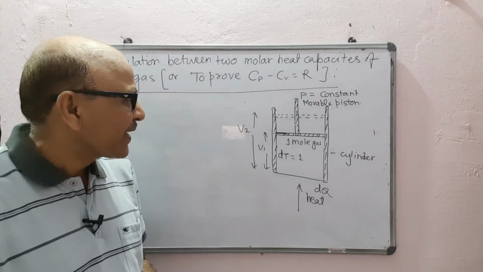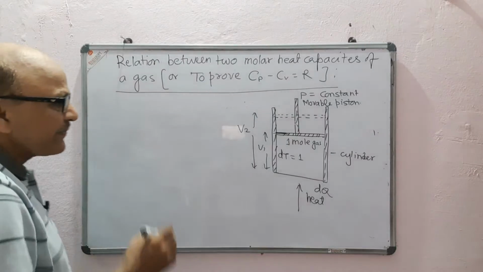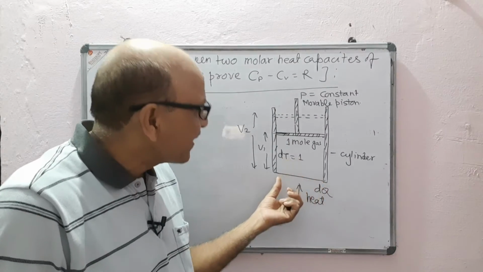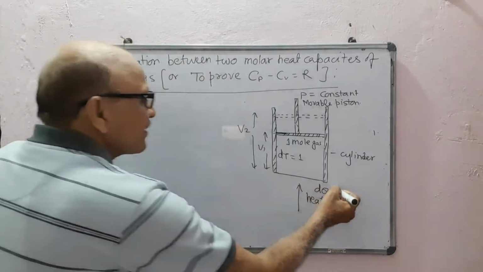Here pressure is constant. Then from the definition of molar heat capacity at constant pressure, dQ will be equal to Cp.